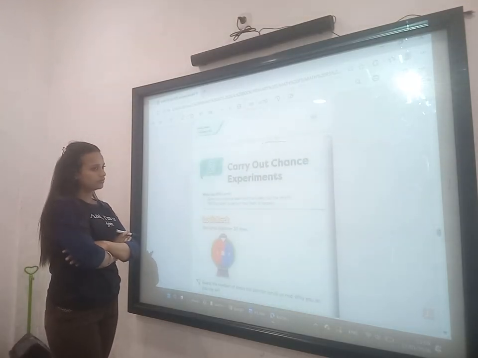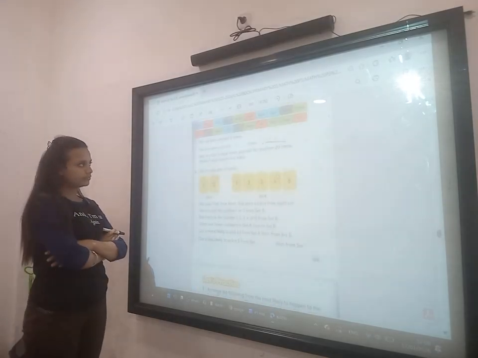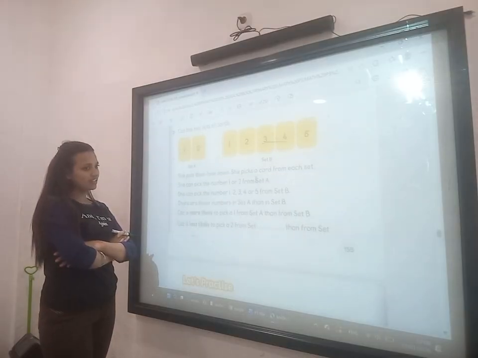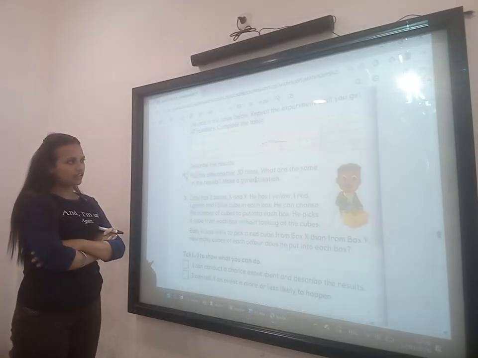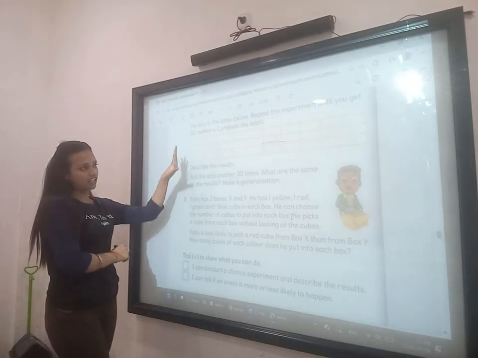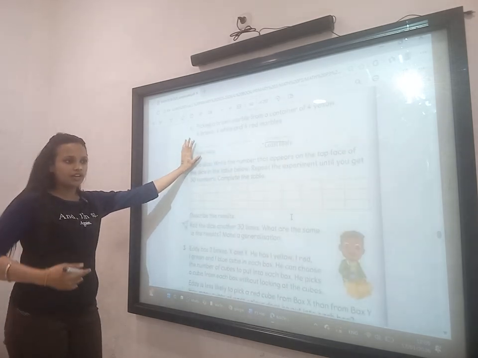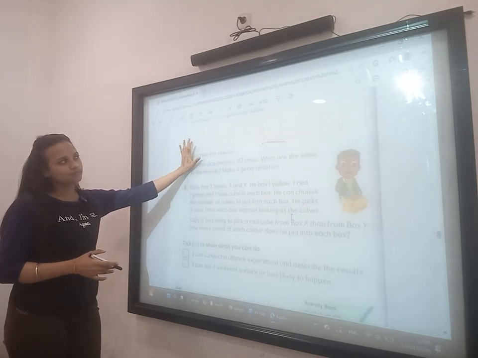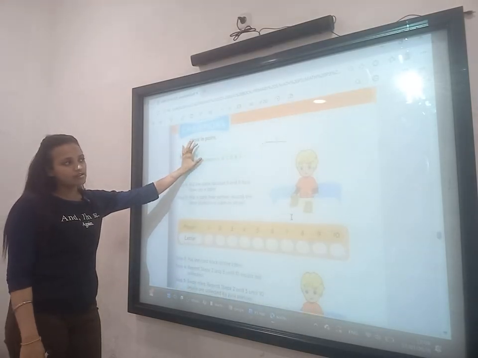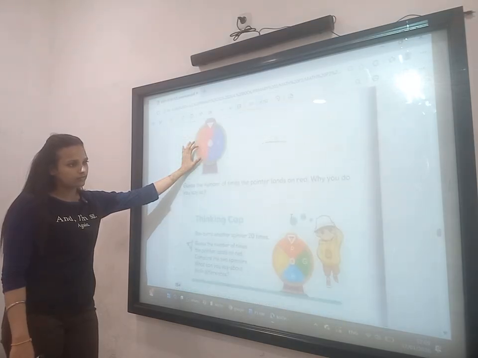Okay, carry out a chance experiment. This topic is talking about more likely and less likely. We have to count how many times each number of the dice appears. We also have an experiment here, so later in the class we will tell the students to roll the dice and write the results in the box provided in their book.